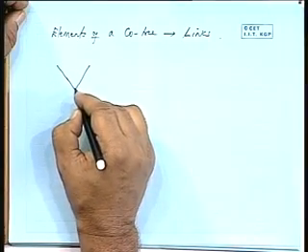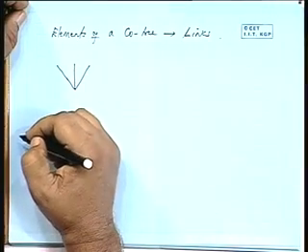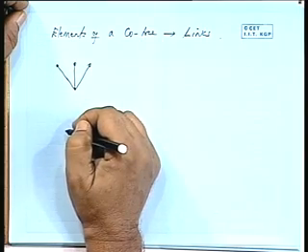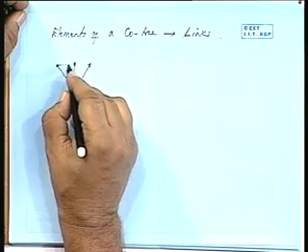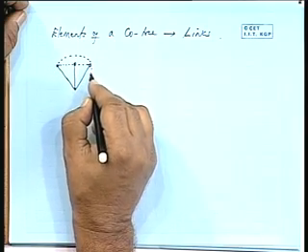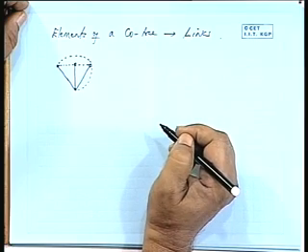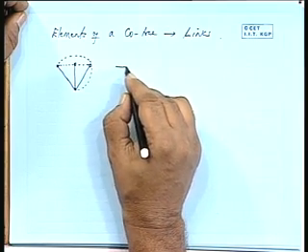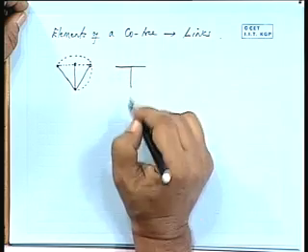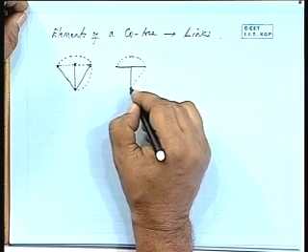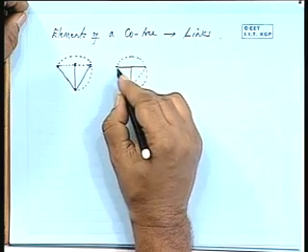Now suppose we have a tree like this in the previous example, then what will be the co-tree? The co-tree will consist of these dotted lines.